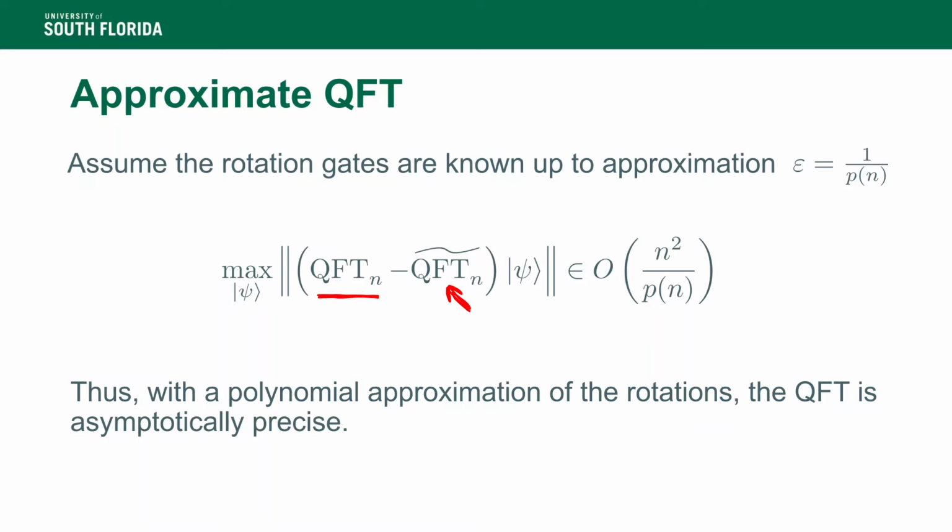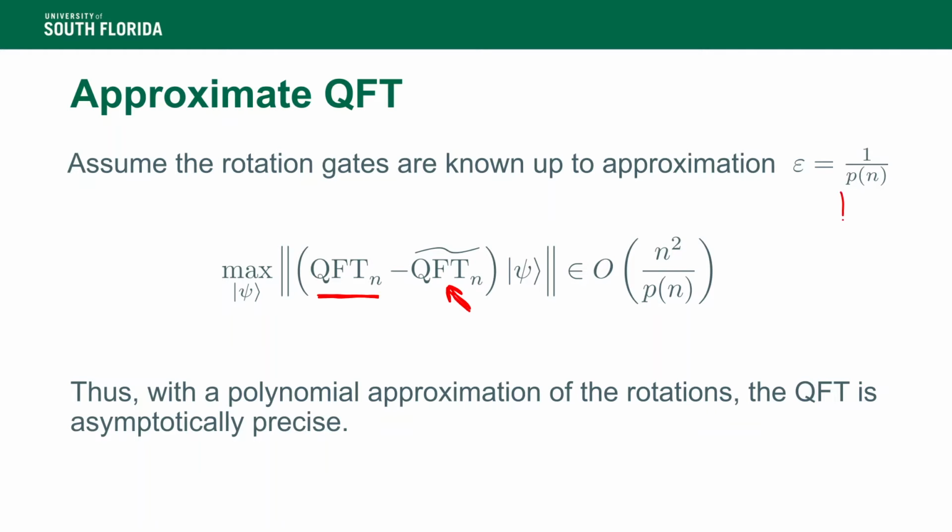Every probability of measuring the input is going to be deteriorated. It's going to be a little bit further away from the actual probability of measuring a certain outcome had we used the exact QFT.